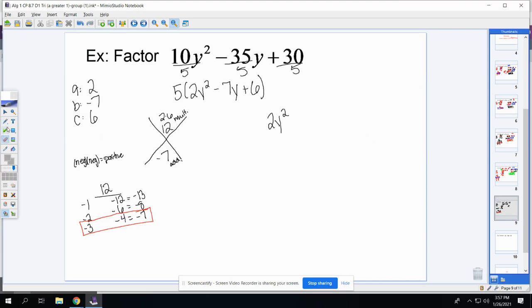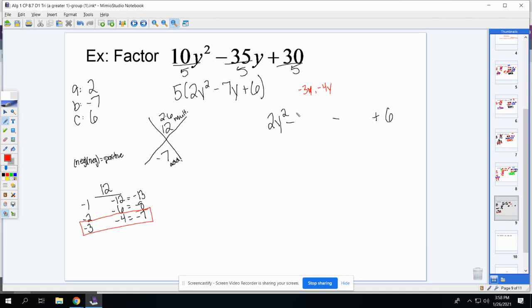We are going to want minus 2y squared minus something plus 6. All right, so two numbers that we can use here are -3y and -4y. Again, I want you to be careful as to where you put these.